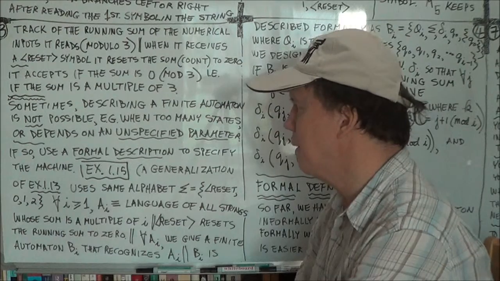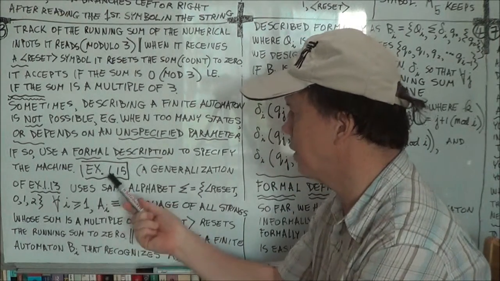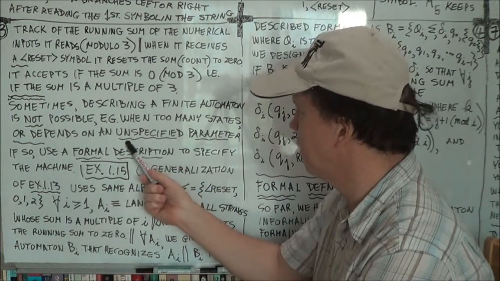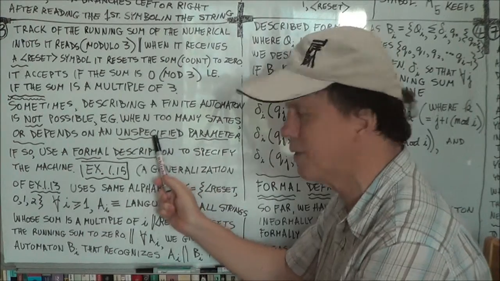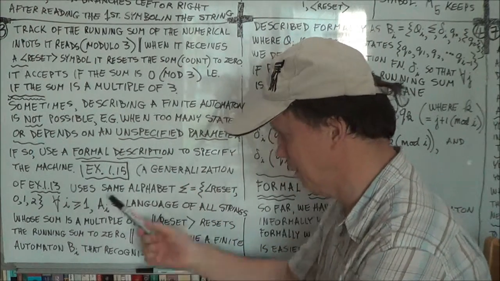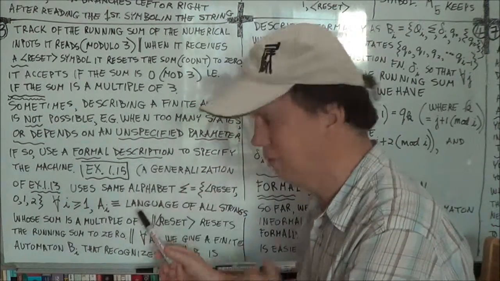Okay, so here's an example where there's too many states, but particularly this case, where there's a parameter that's unspecified. You'll see what I mean in a moment. It's a little vague, but you'll get the idea fairly soon.